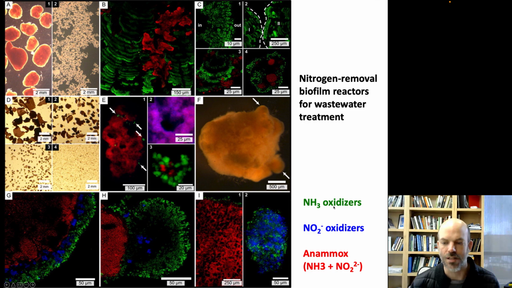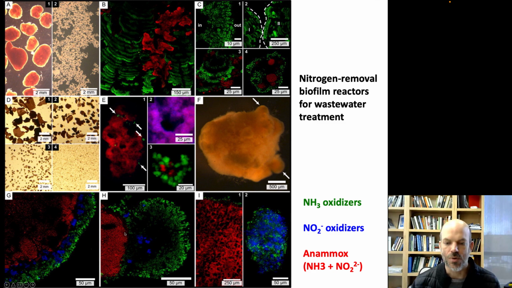As you can see here, the ammonia oxidizers are green, and underneath them are the nitrite oxidizers, and you can see how that would be advantageous, because the blue guys are using the waste product of the green guys. The green guys are producing nitrite, which then flows to the blue cells, who use that nitrite and convert it to nitrate.